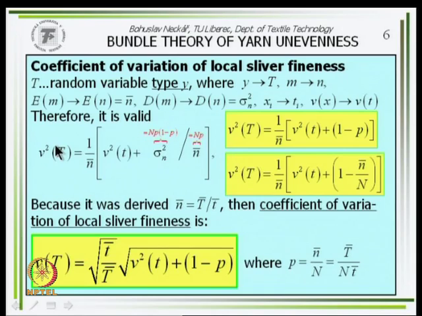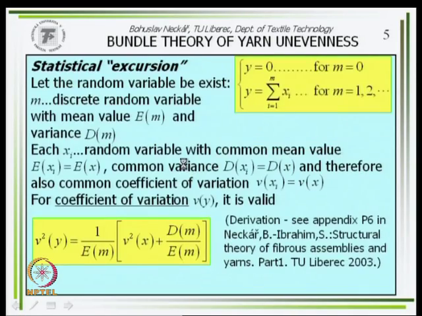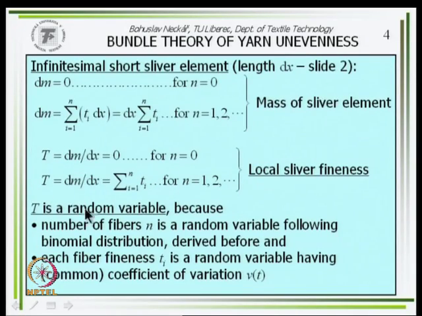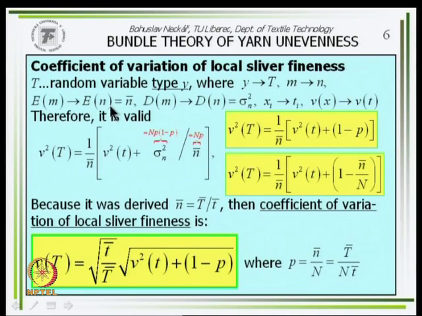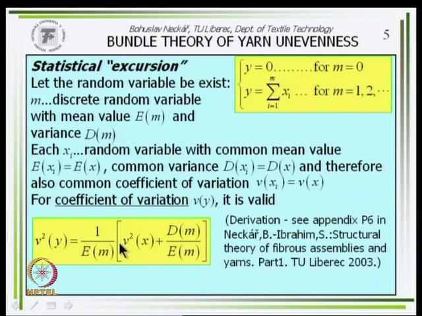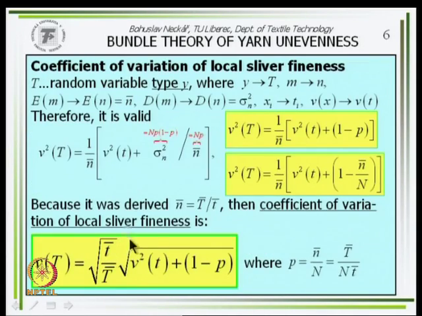And now back to our problem. The coefficient of variation of local sliver fineness was this here. But this is a random variable of type y. Therefore, we must use such a general formula for evaluation of the coefficient of variation.